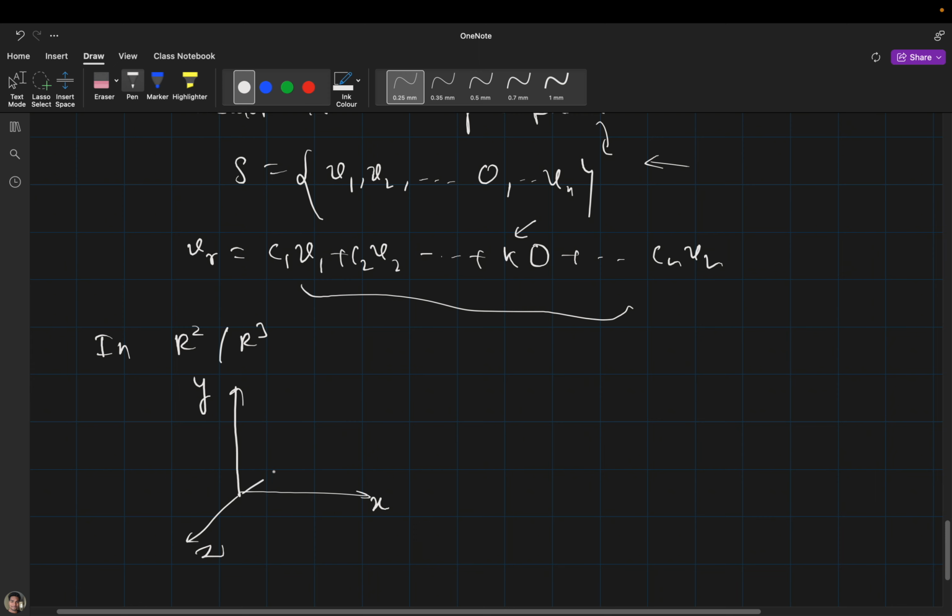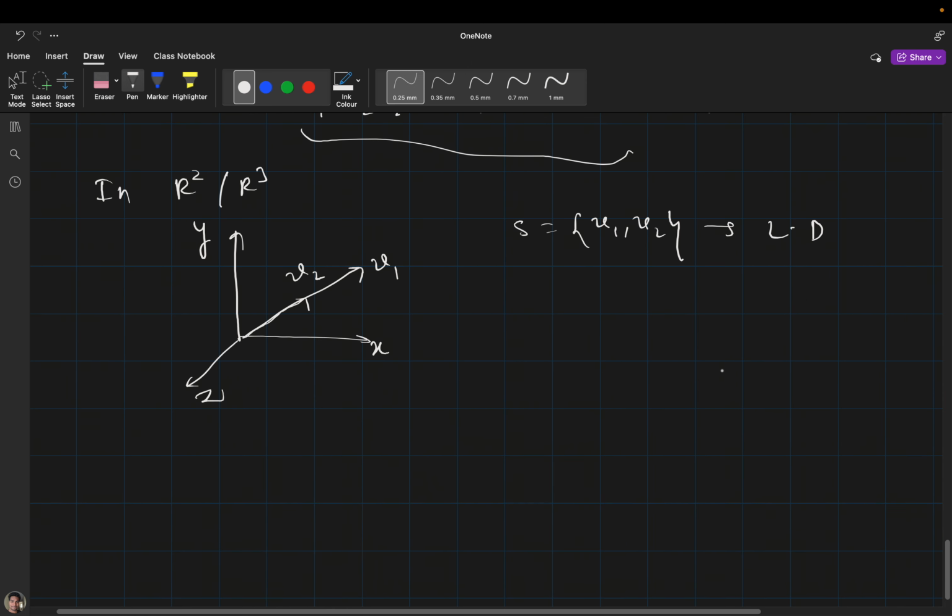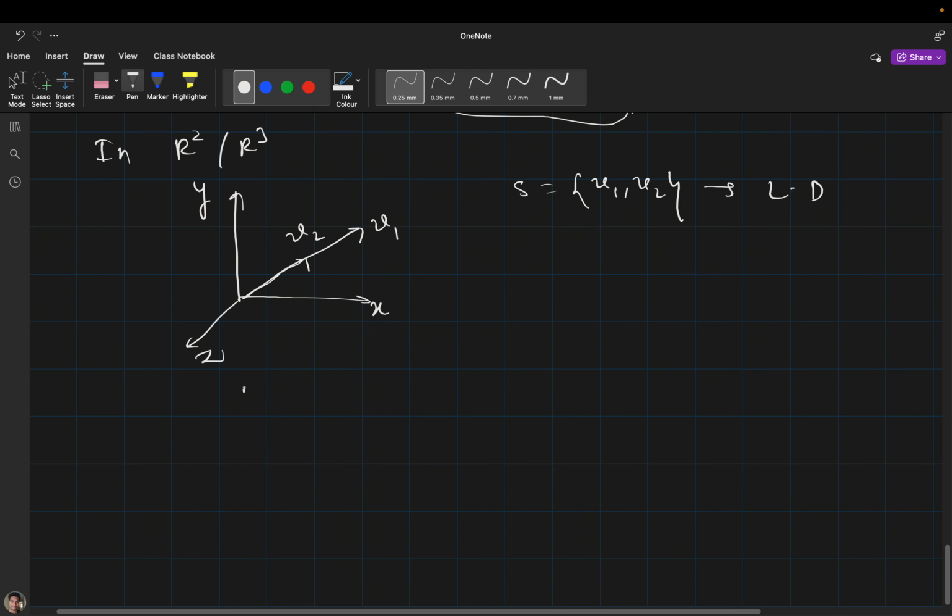Suppose we have a vector v1 and another vector v2 is exactly lying on it. Just tell me, are the vectors v1 and v2 linearly dependent or independent? Dependent, sir. Good. Yes. Now take another situation.